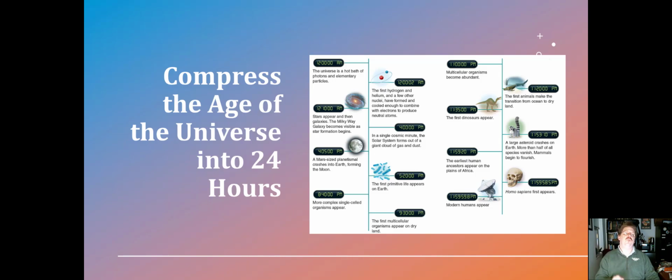Human beings, as we know today, modern humans, or essentially humanity in the beginnings of the Chinese cultures, the Egyptian cultures, that sort of thing, hundreds of thousands of years ago, we're talking about 0.2 seconds before it becomes midnight again.